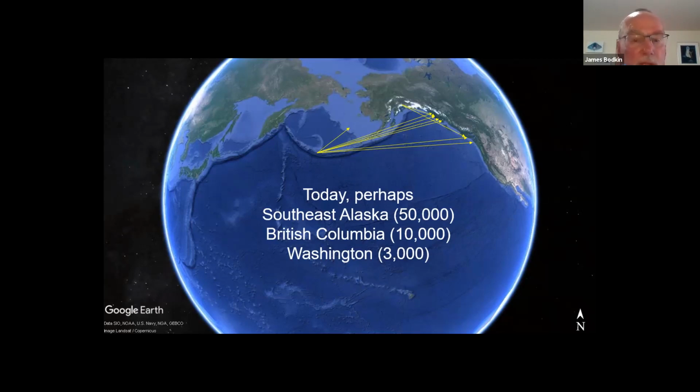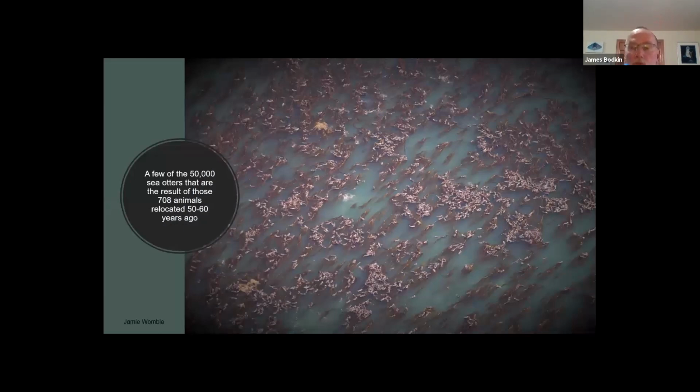That's probably approaching 40 or 50% of the global population, as Tim spoke about earlier. So no matter how you look at it, these translocations have been hugely successful.